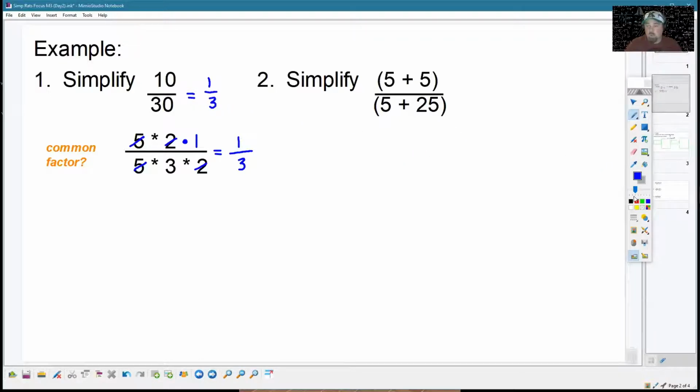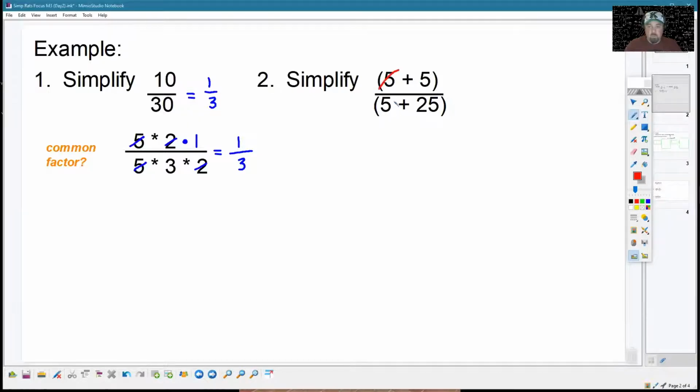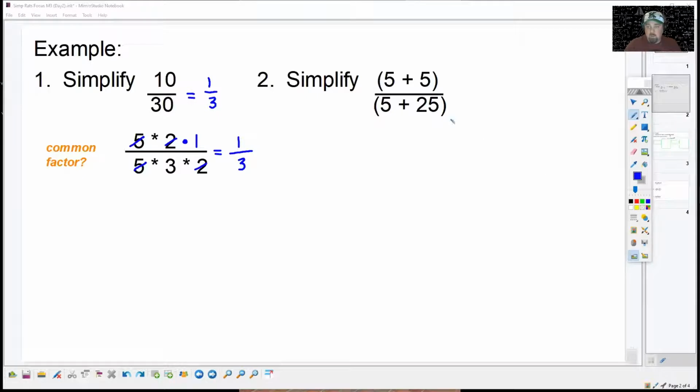One of the more common errors that we'll see when we do this is something that we wouldn't make the mistake of with numbers, but we will with the expressions more often. So 5 plus 5 over 5 plus 25. Can I cancel here? I can't. I cannot do that because that plus is inside parentheses here. Parentheses tell me that I need to do this operation first.